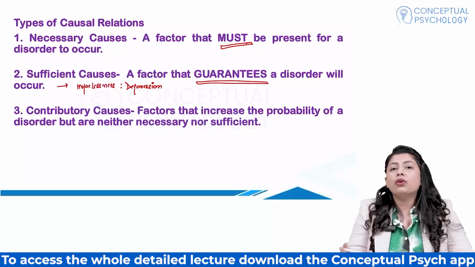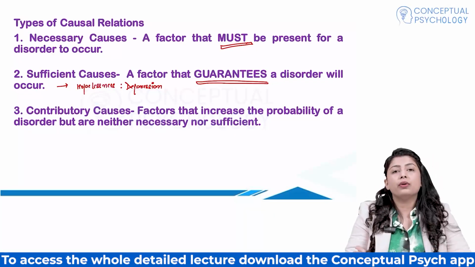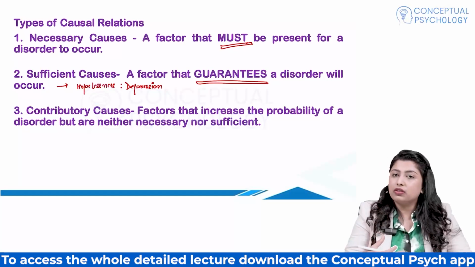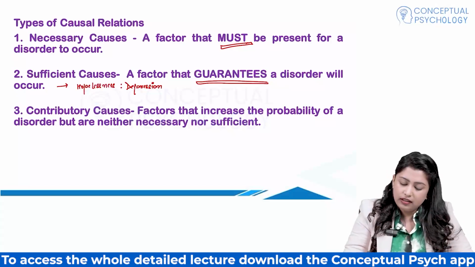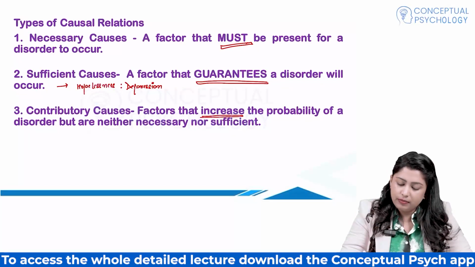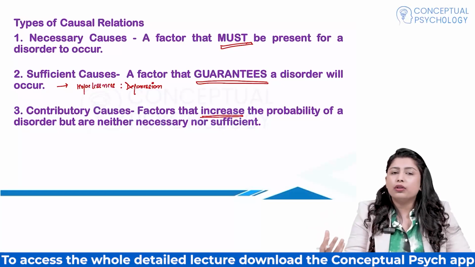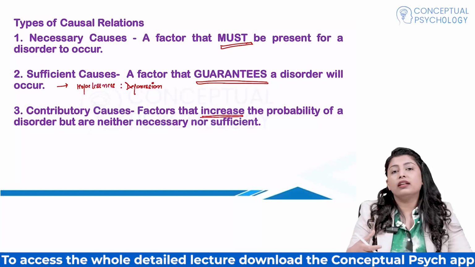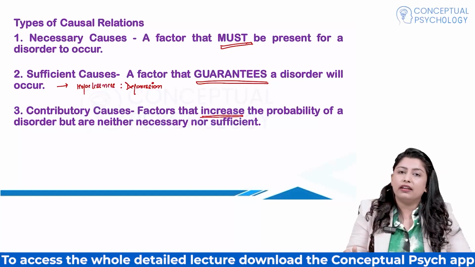Now talking about a contributory cause, which is the most common cause. These are factors that increase the probability of a disorder but are neither necessary nor sufficient. So what could be an example? Maybe parental rejection may increase the likelihood of relationship difficulties later in life, right?